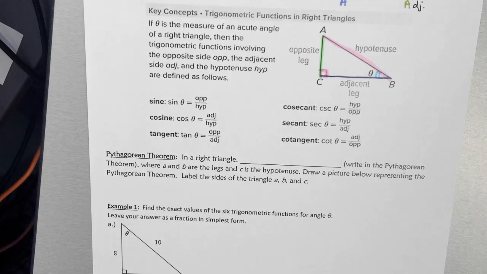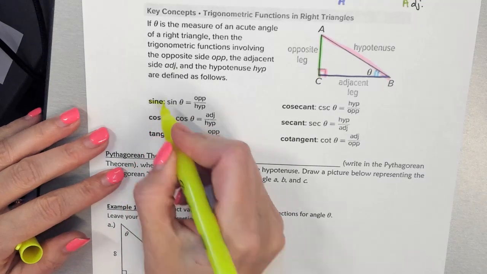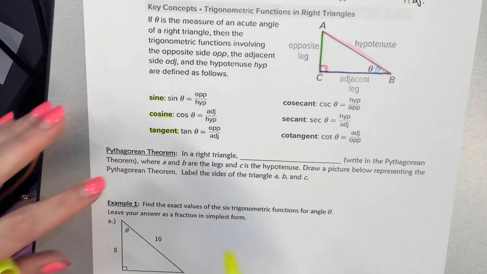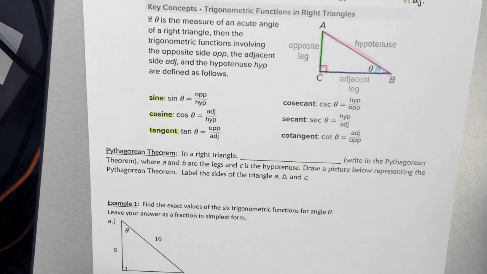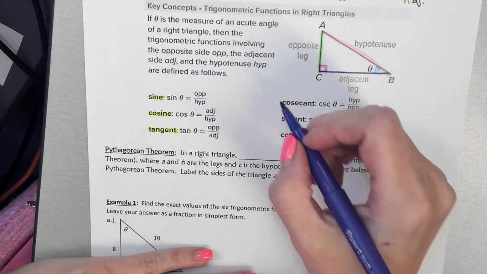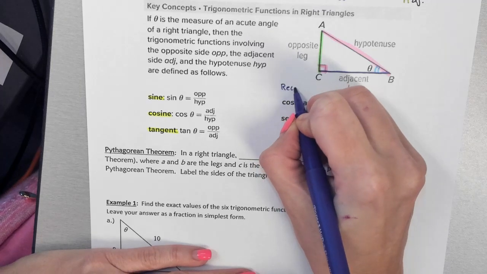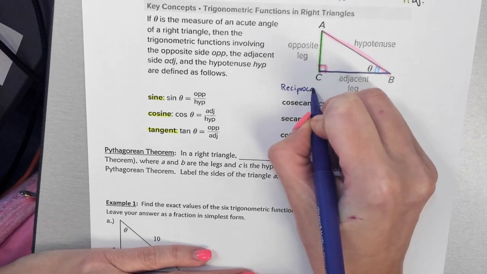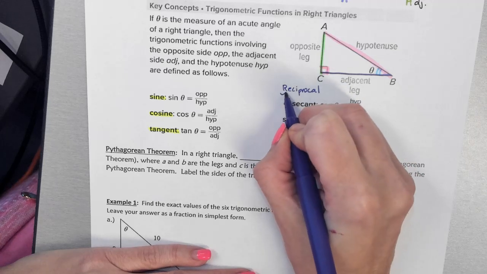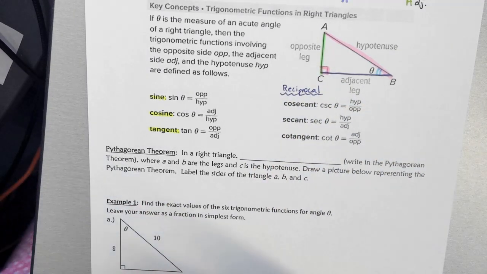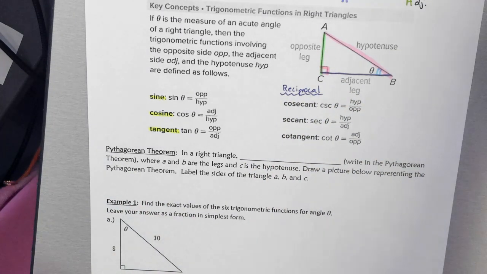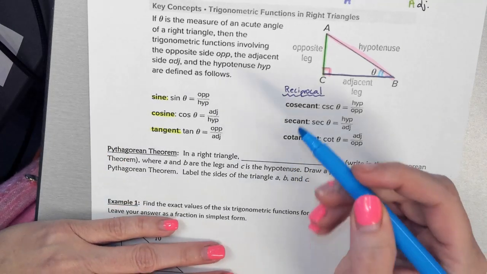Okay, so we have our trig functions, the sine, cosine, and tangent. We do work with those the most often, but we also have what are called the reciprocal functions. So remember, whenever you have a fraction, if you're making the reciprocal, what do you do to that fraction? Yep, you just flip it. So that's exactly what happens with our reciprocals.